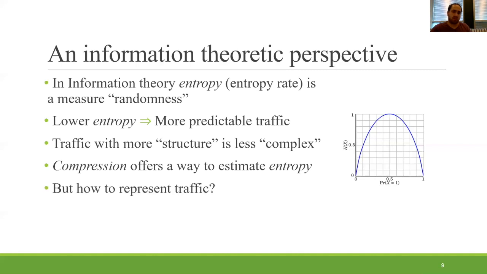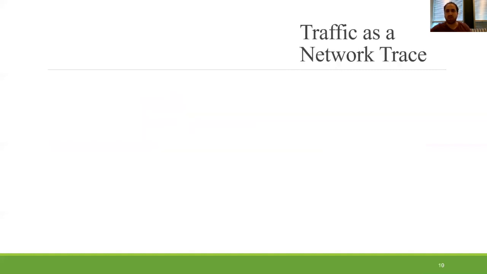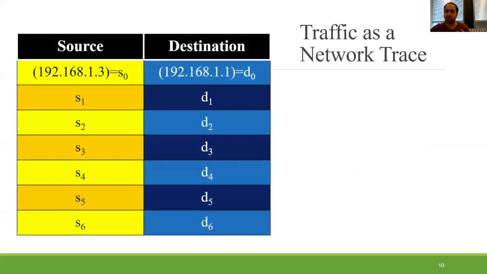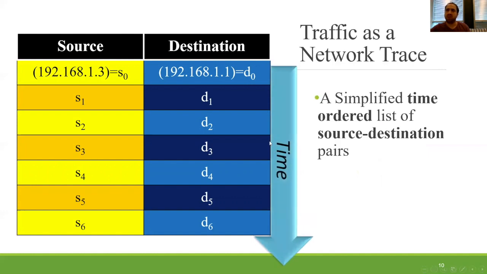But then the question arises, how do we combine these two tools in order to measure the traffic? So how do we represent the traffic? In our paper, we represent the traffic as a simplified network trace. This is just a table with two columns, a source column and a destination column. Each line contains a source IP and a destination IP.